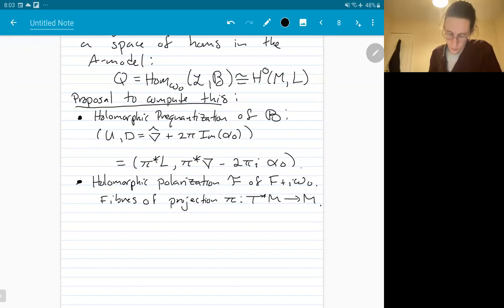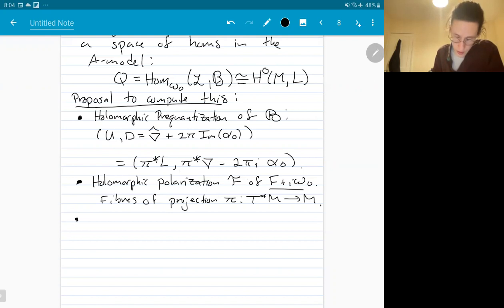Okay, so we have the holomorphic prequantization of B. So we equipped U with a holomorphic connection whose curvature is this holomorphic symplectic structure. We now take a polarization, so we foliate this holomorphic symplectic manifold with holomorphic Lagrangian submanifolds, which are the fibers of this projection.